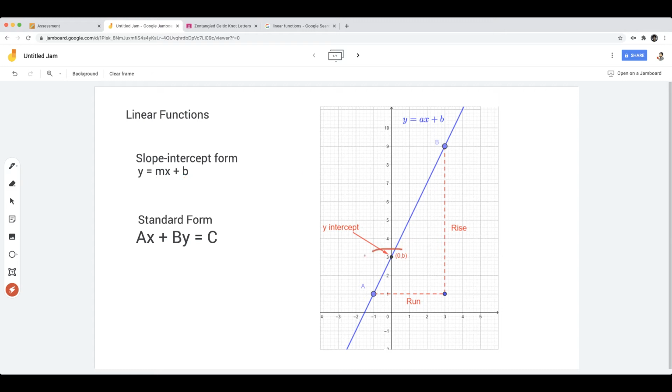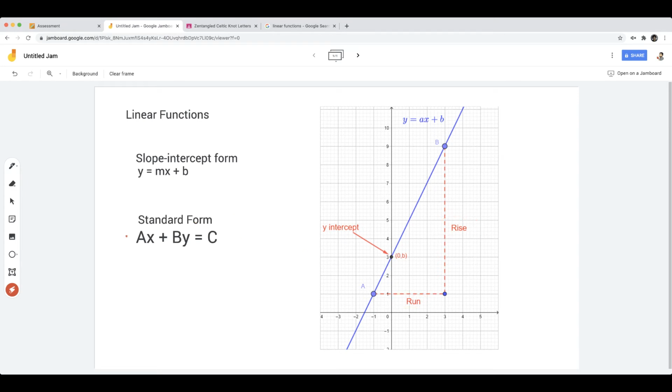So our y-intercept is where it crosses the y-axis. And you'll notice here, if you got 2 points on the line, this will be your run, and then this will be your rise. So you're basically forming a right triangle, right? And to get the slope, you would divide the rise divided by the run.